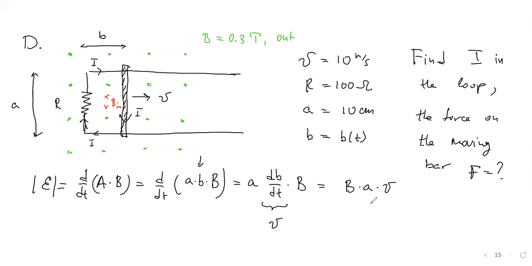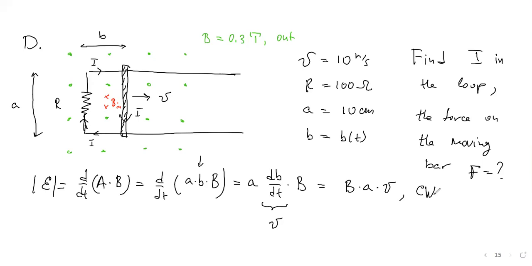Nice. I have everything. I have velocity, I have vertical size, I have magnetic field. What I don't have is the horizontal size, but I don't care about this horizontal size. And the induced magnetic field is going to be clockwise.